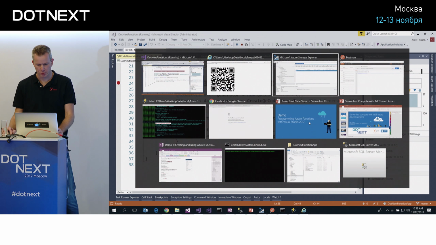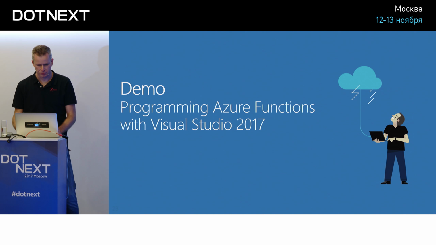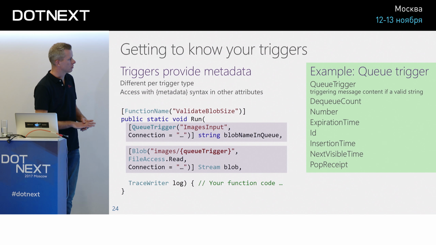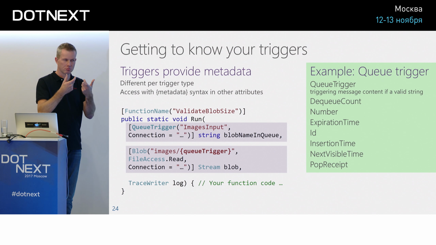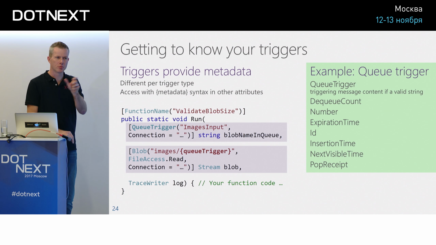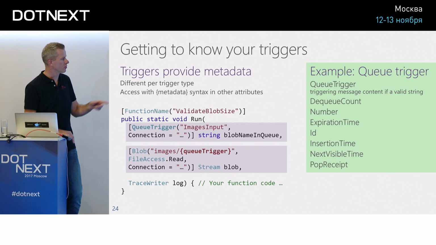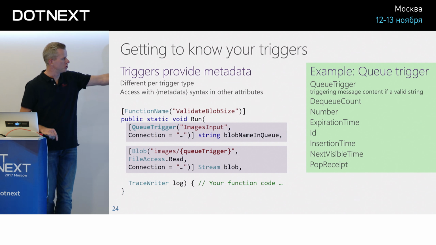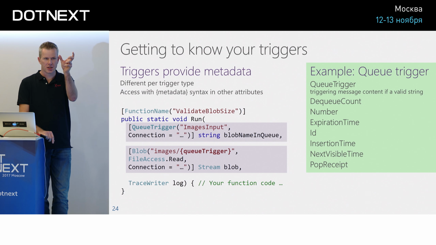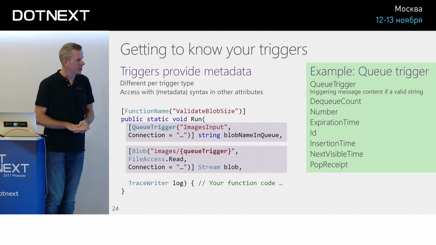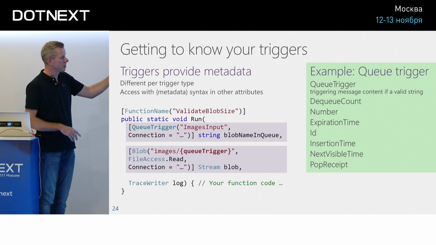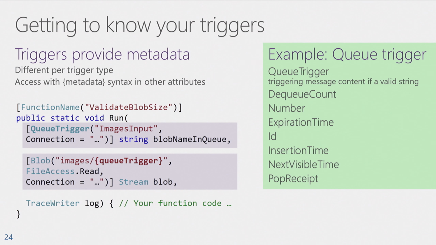Okay, so there we go to this one. So what we saw is that there's a lot of nice things that you can do with the input and output bindings with the triggers that offer information. And it even goes a bit further because we use this queue trigger thing, which is metadata regarding the queue trigger in this case, giving you a string content of your message in case it is a string content.